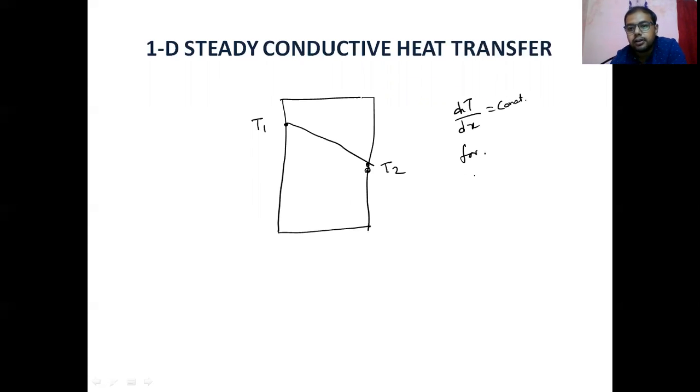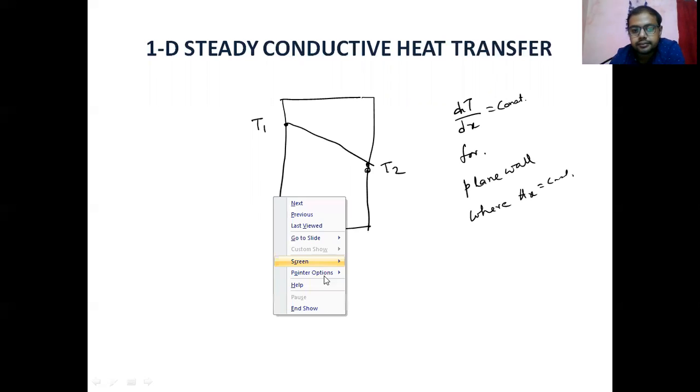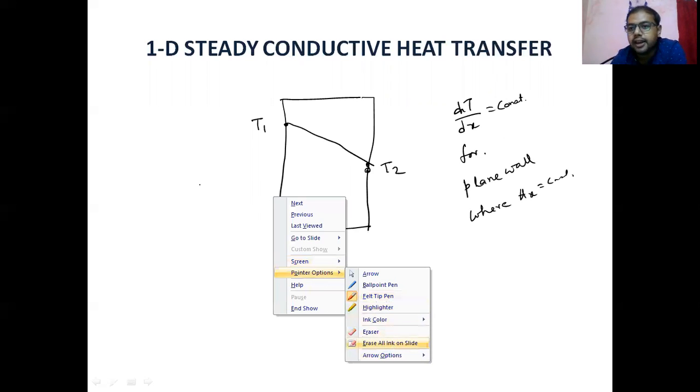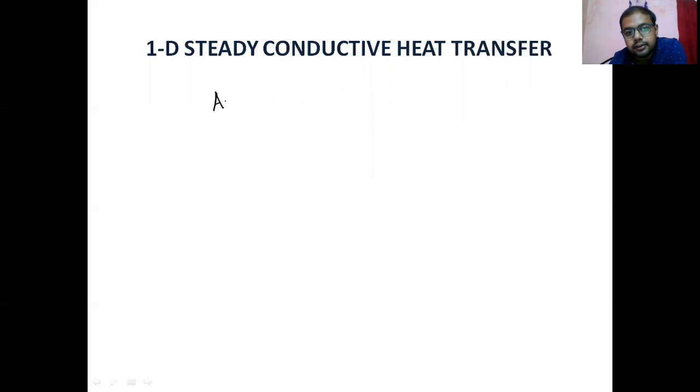For the plane wall, where Ax is constant. If Ax is not constant, that means the cross-sectional area is not constant, in that case, Ax dT/dx is constant.